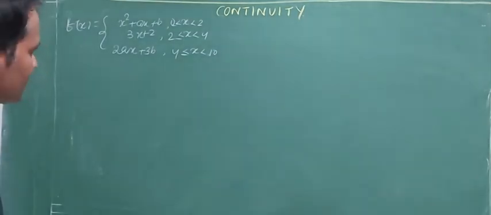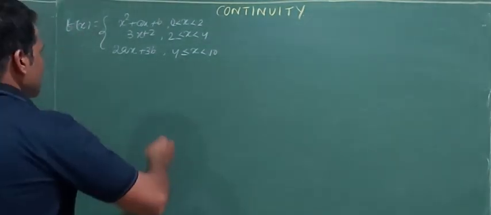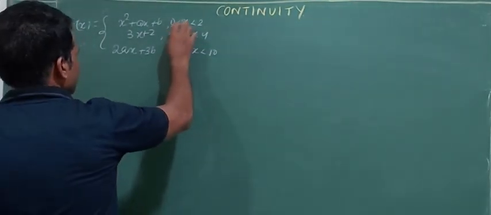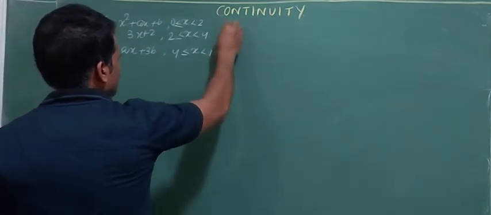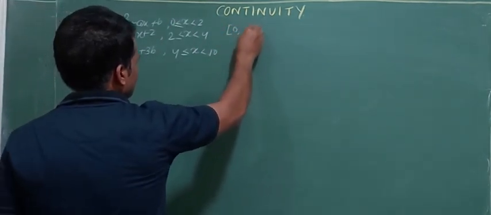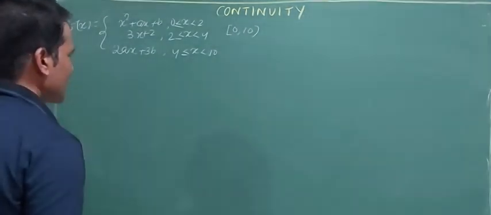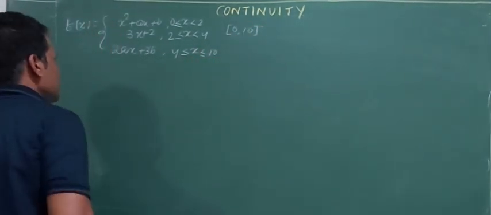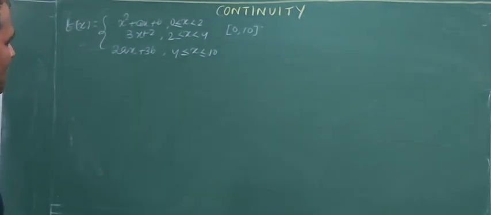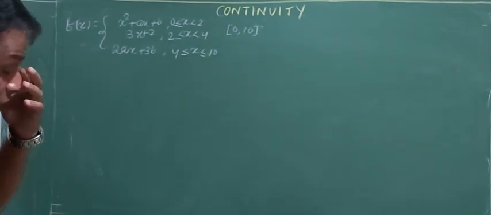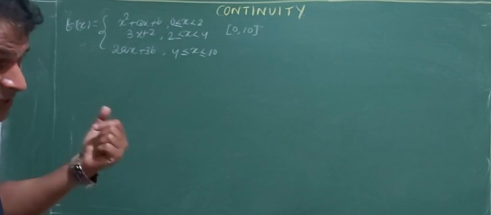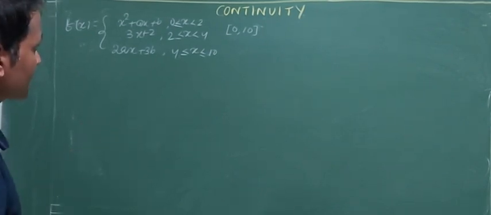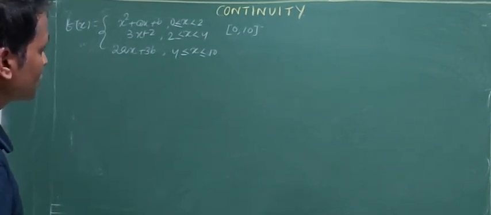That means it is indirectly given that the function is continuous in the interval 0 to 10. Or I can take closed interval also. If I take closed, it will become closed. The function is continuous in between 0 to 10. We can go for open, closed, semi-open, semi-closed, no problem. If it is closed, it means continuous 0 to 10.